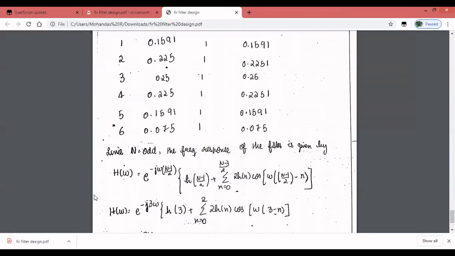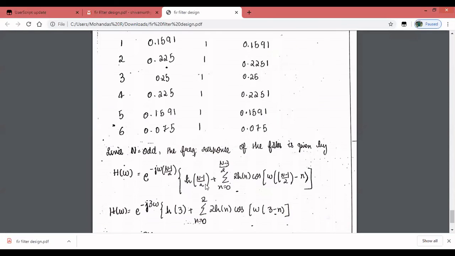I'm just considering the same expression here. So it is e to the power of minus j omega (N minus 1) by 2 into h((N minus 1) by 2) plus summation of n equal to 0 to (N minus 3) by 2, 2 into h(n) cos of omega ((N minus 1) by 2 minus n).